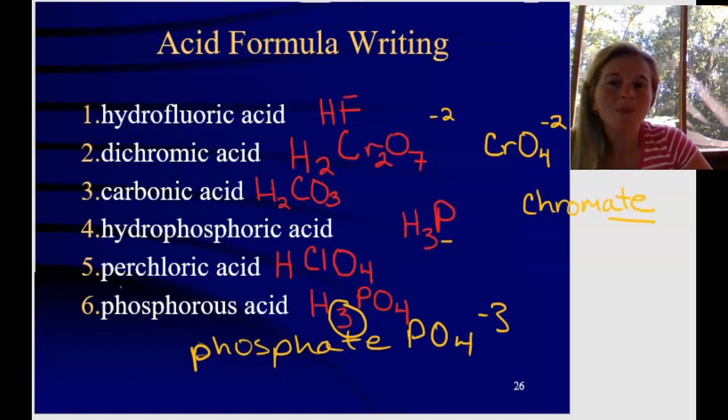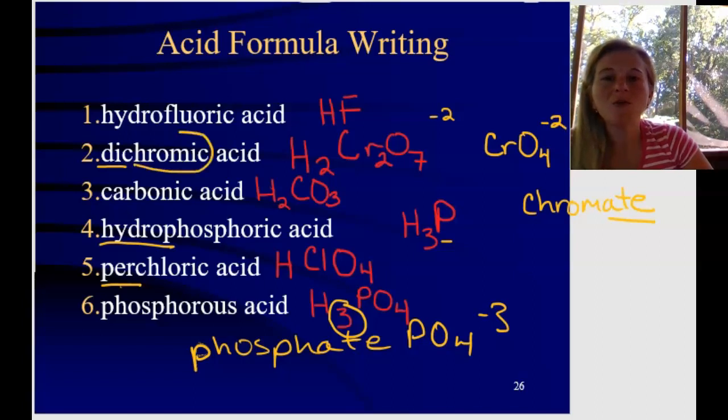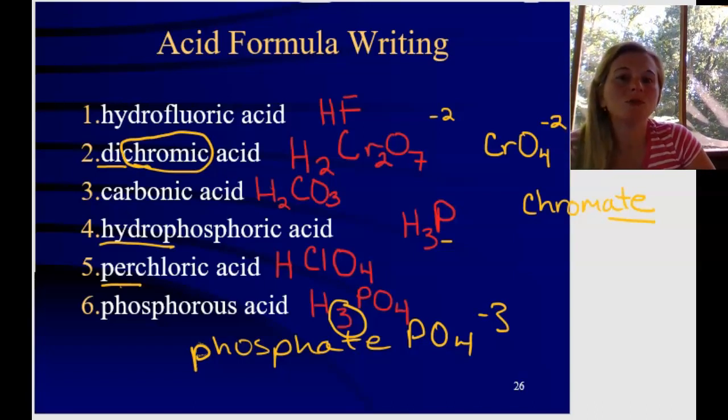But I threw in a couple of harder ones here with our acid prefixes. We've got di, hydro, per, right, which change those meanings a little bit. So we know here we've got chromic, so we had a chromate. Well, what does di mean? Di means 2, right?